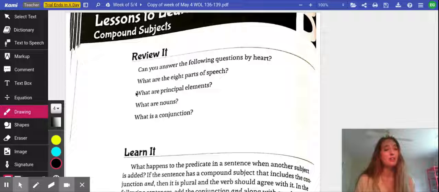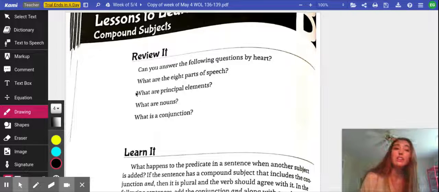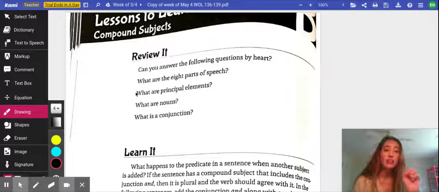Next, principal elements. Principal elements are the parts of a sentence that are needed for the sentence to be completed. Subject and predicate are those 2 parts. Okay, now what are nouns? A noun is a part of speech. It names a person, place, or thing.